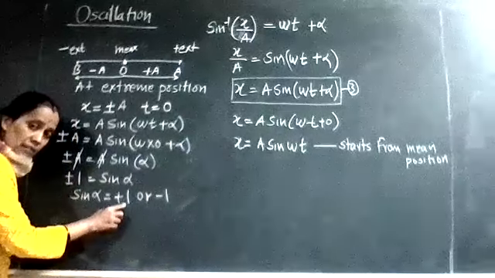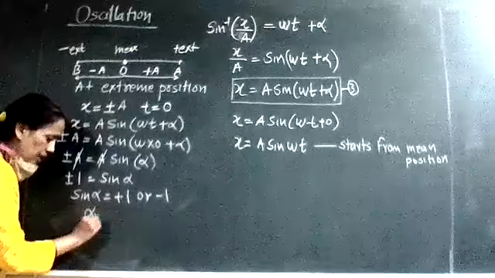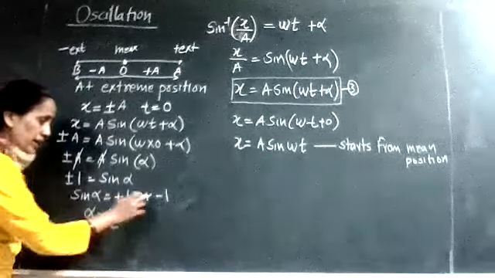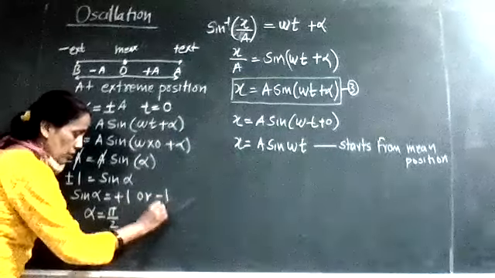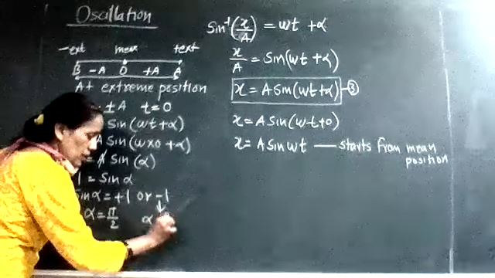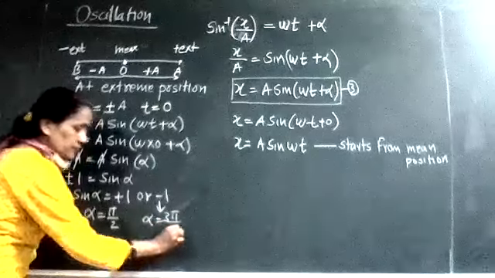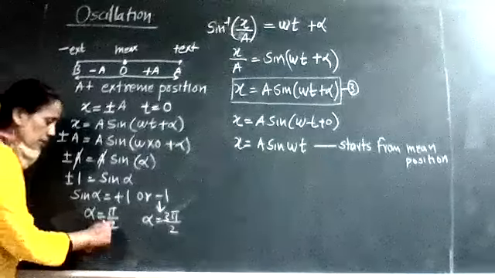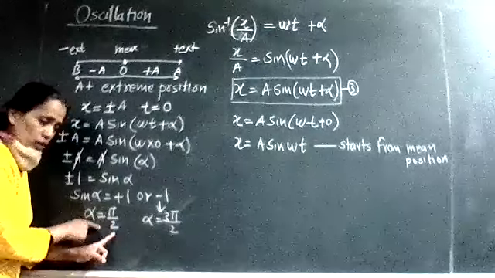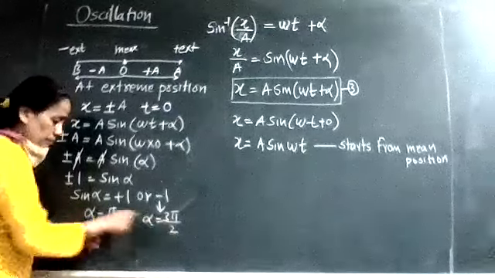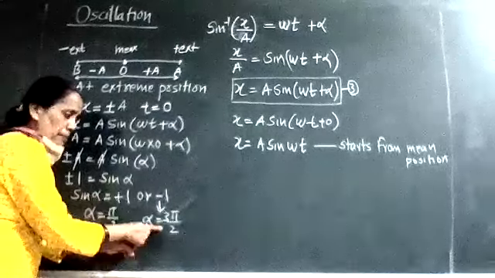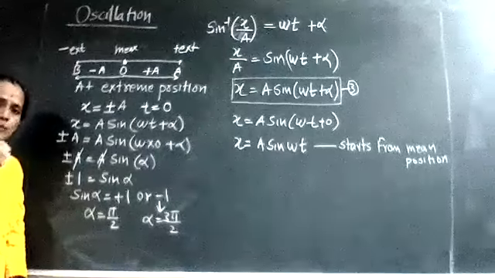I will get sine alpha equal to 1 when alpha is equal to pi by 2, and sine alpha equal to minus 1 when alpha is equal to 3 pi by 2. So at pi by 2 the value is plus 1, and at 3 pi by 2 the value is minus 1.